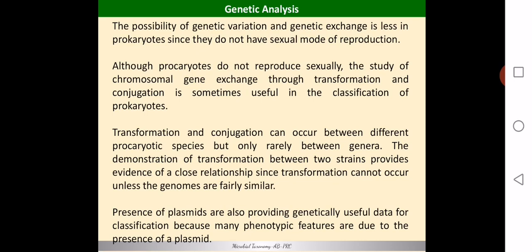A successful conjugation is usually limited to related organisms only. So conjugation occurs between related microorganisms, not between unrelated or distantly related organisms. That's a rare chance.